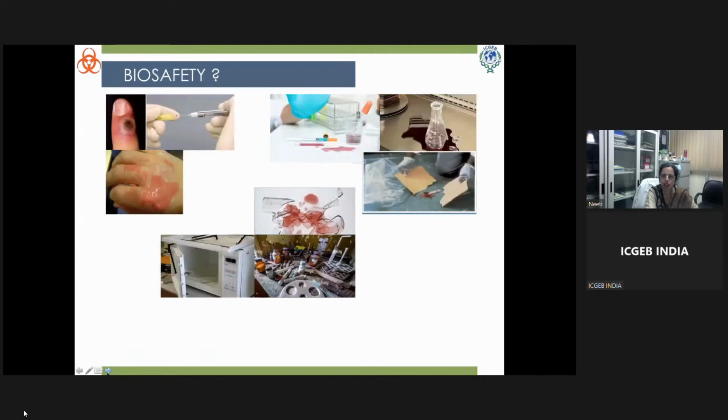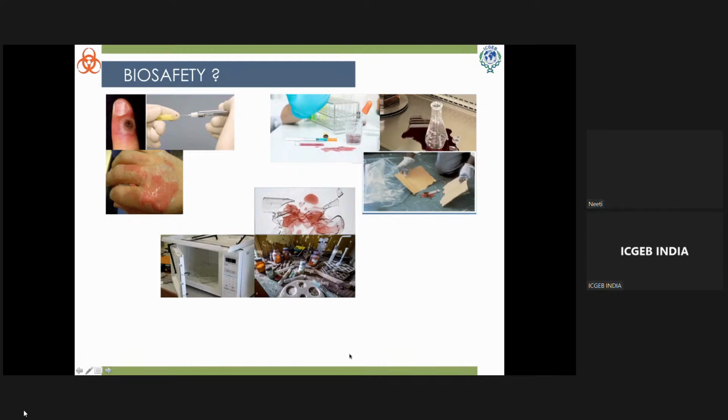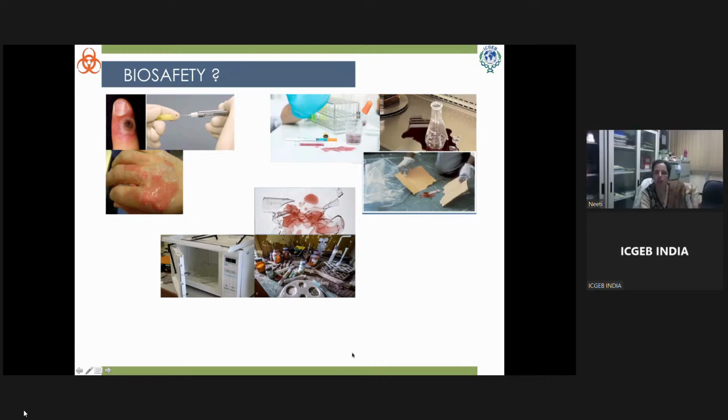So, this brings us to this very important aspect of understanding biosafety. What we need to understand is what we are trying to save or protect you from. It is from all kinds of injuries, accidents, and anything which leads to accidental spread that has to be quickly contained and restricted to that area within the lab.